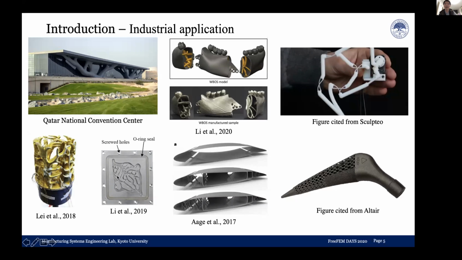Also, very recently, scientists from the medical science field are trying to use additive manufacturing coupled with the TO method to customize patient-specific reconstruction implants like this. And of course, we can find many other applications such as compliant mechanism design and aircraft wing design, etc.